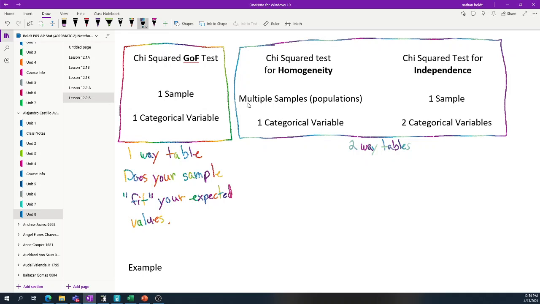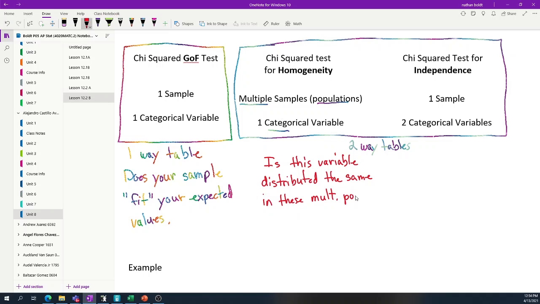You're looking at multiple populations and saying, is this variable distributed the same in these multiple, 2 or more populations?